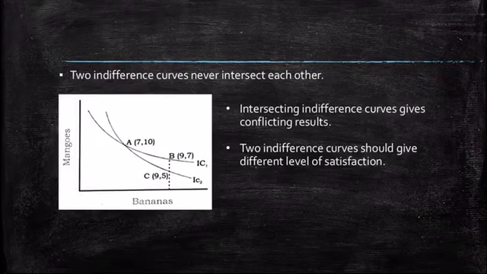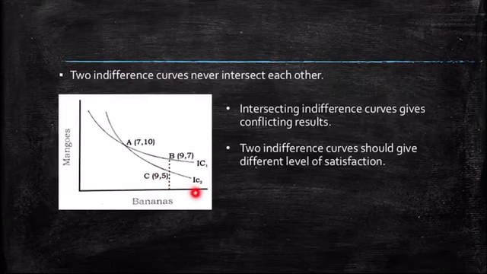You observe in the diagram that both A and B combinations give the same level of satisfaction as they lie on the same indifference curve IC1. But on the other hand, both A and C combinations also give the same satisfaction, as they lie on IC2.